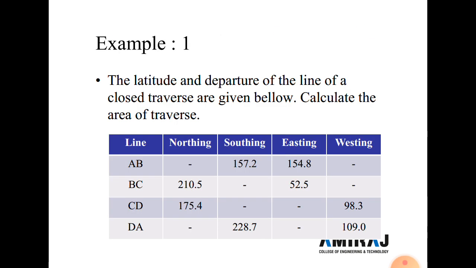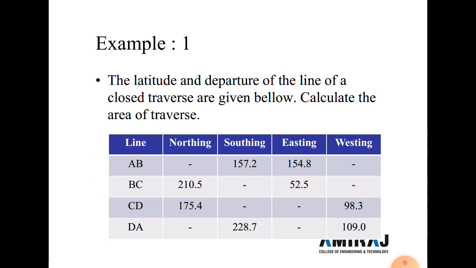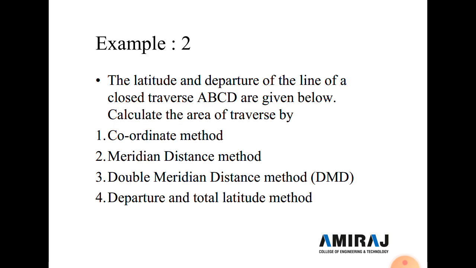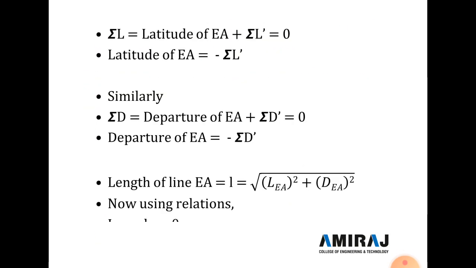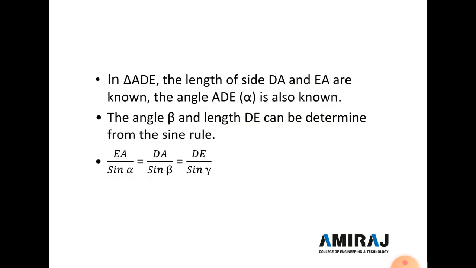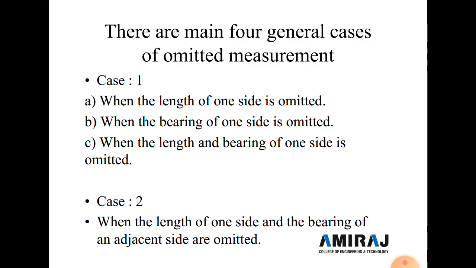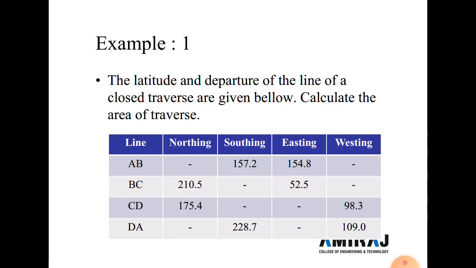Now let's start different examples. Example number 1: the latitude and departure of the lines of a closed traverse are given below.